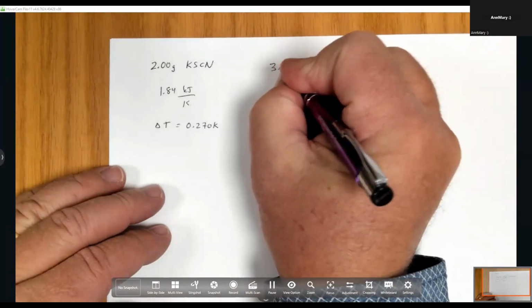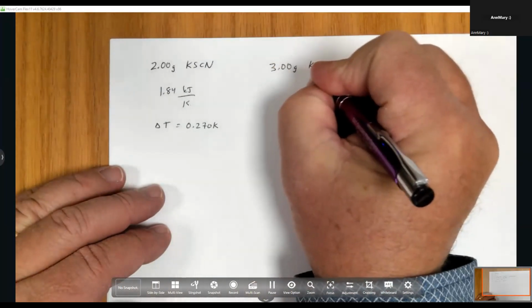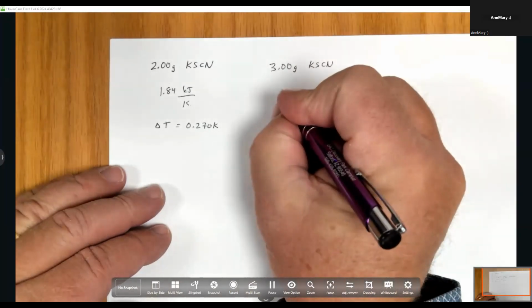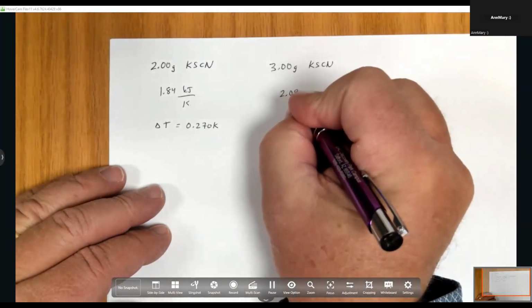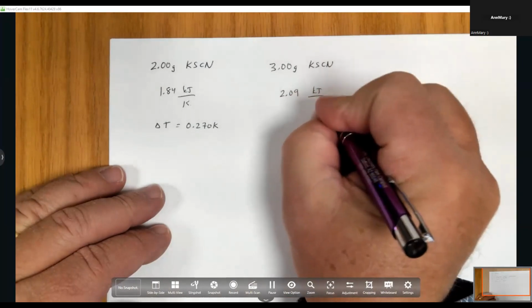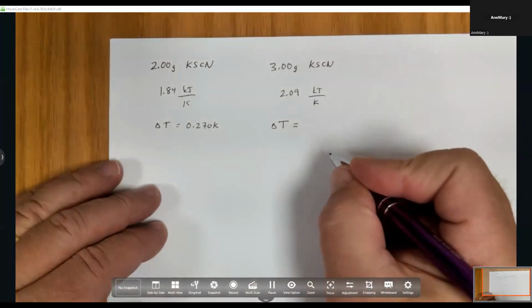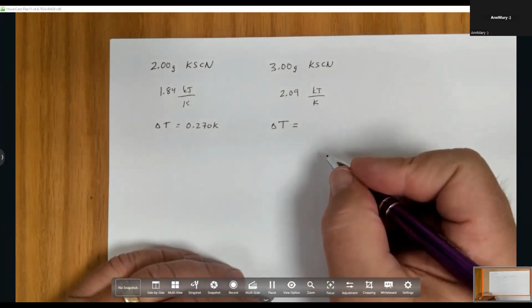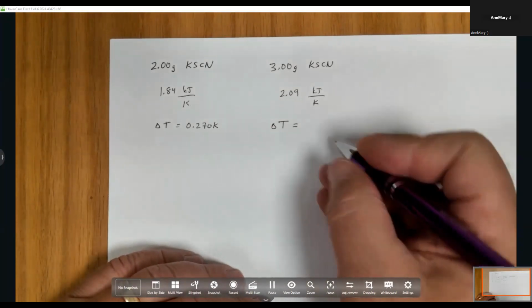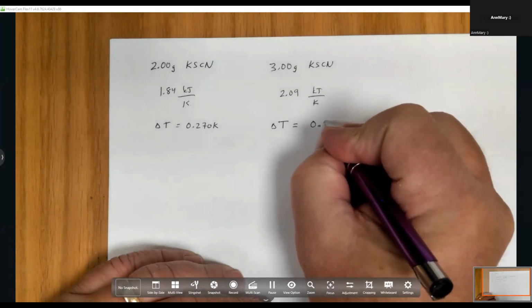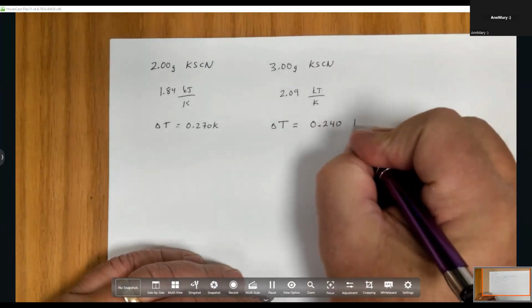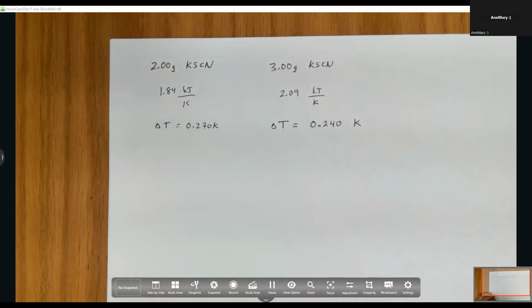Yeah, and the total heat capacity is 2.09 kilojoules per Kelvin. And what was your change in temperature? It was 0.240.